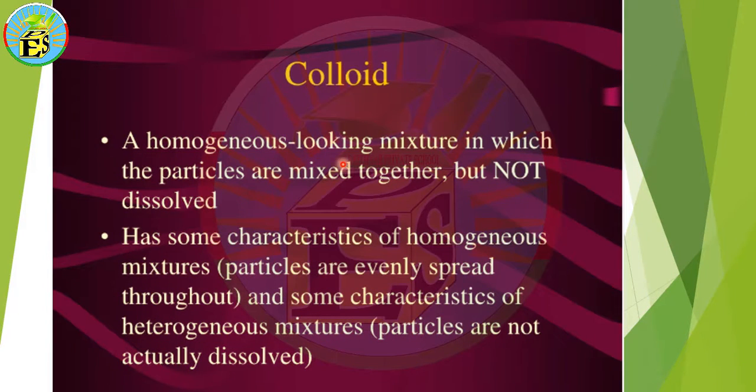Colloid: a homogeneous-looking mixture in which the particles are mixed together but not dissolved. So it takes some properties of homogeneous and heterogeneous mixtures. It has some characteristics of homogeneous mixtures, particles are evenly spread throughout, and some characteristics of heterogeneous mixtures, particles are not actually dissolved.